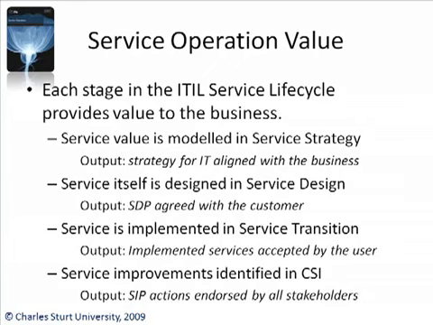The service is then implemented in service transition, where we do the build, the test, and the implementation. Before we go live, you typically have something like a user acceptance test, where we check with the user: is this really what you need? Finally, service improvements are identified in continual service improvement. CSI is a volume that looks for improvement opportunities, and all these opportunities end up in the Service Improvement Plan, the SIP, which contains all those improvement actions endorsed by all the stakeholders.